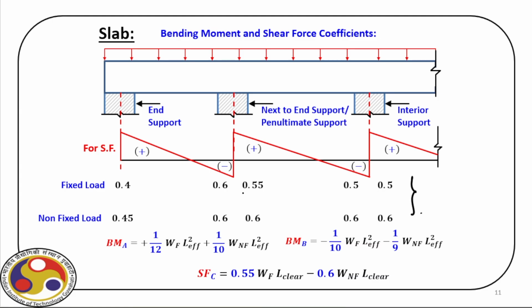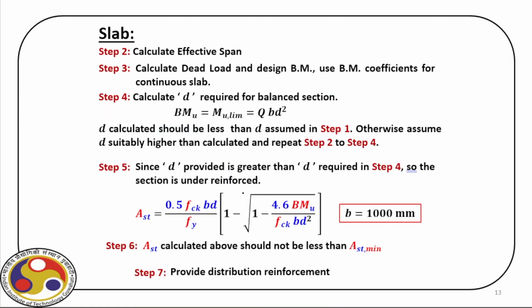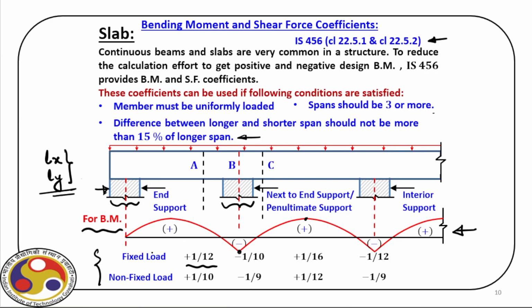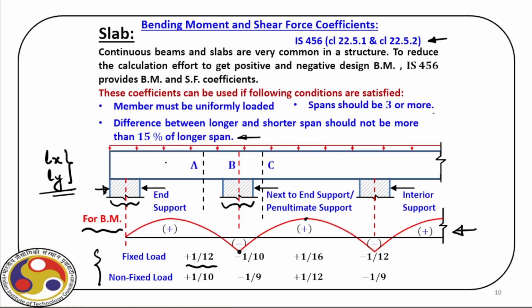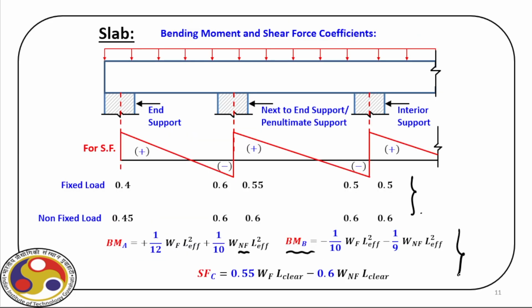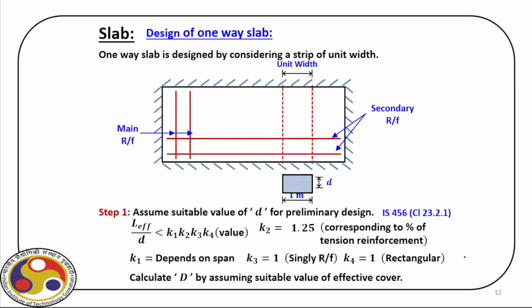That is for fixed support. If you have not fixed support, as you can see here, then for that we use the coefficient 1 by 10. Similarly, we can also find out bending moment at B, shear force at C, which are marked here. So we have A here, B here, and C here. And you see we have these values of bending moment and shear force that we are going to use.